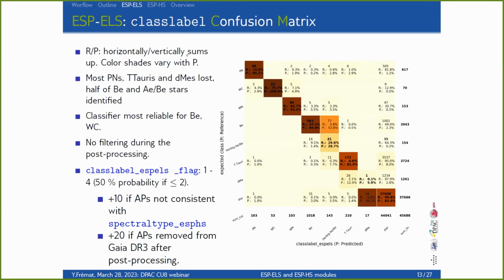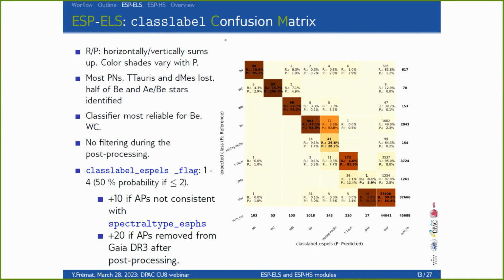So now what I'm showing here is a confusion matrix that has been produced using the test sample. Here it's also important to keep in mind that it's not just the result of one random forest classifier.